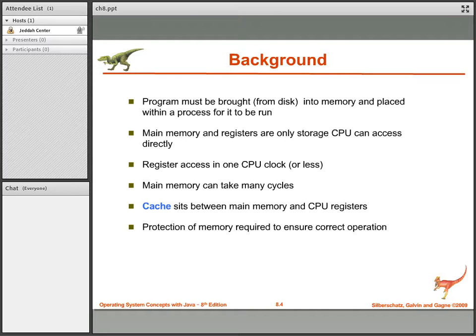In addition to that, of course, the registers are accessed directly for temporary storage of data. The access to a register happens in one CPU clock cycle, or it might take less than that time, whereas the access to an item in the main memory can take many cycles.